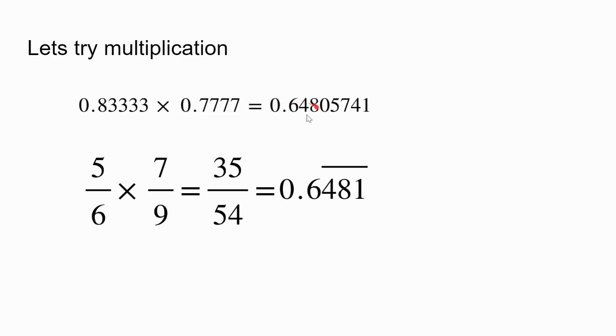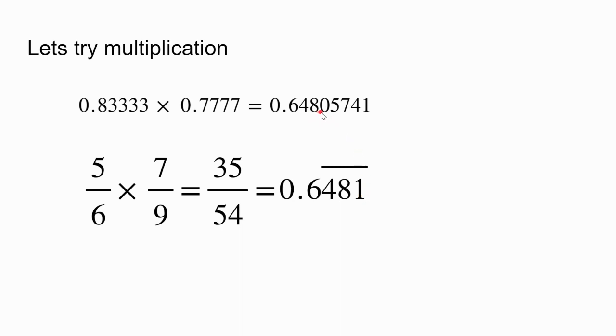Does it do the same thing when I multiply? Sure. If I do 0.83333 times 0.7777, I get 0.648,05741. And if I add more 3s or more 7s, I'll get different numbers. If I multiply the fractions, 5 times 7 is 35, and 6 times 9 is 54, and 35 divided by 54 is 0.6, and 481 is repeating.